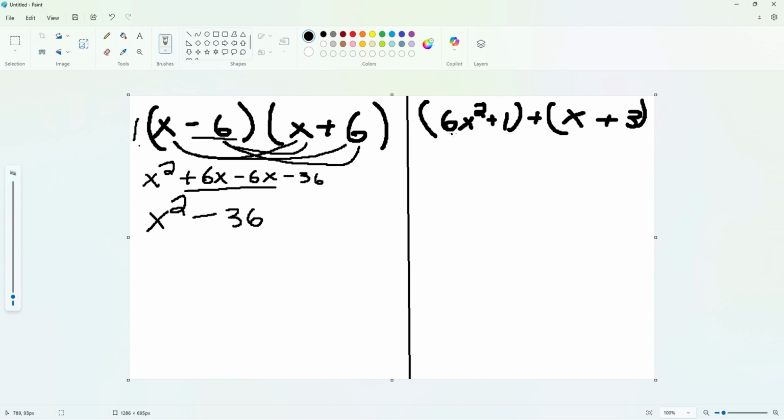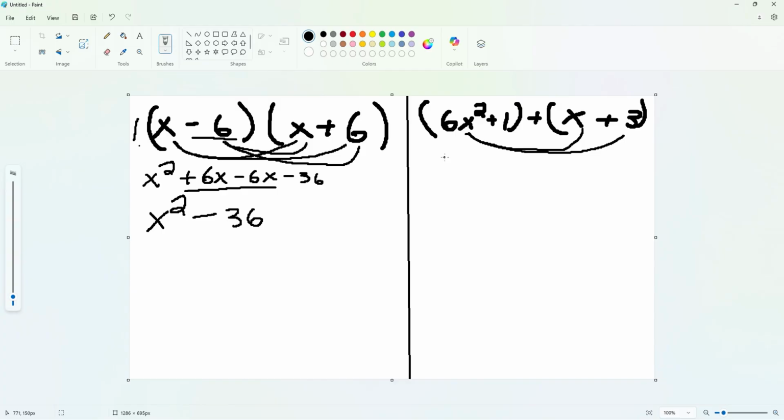Now let's use 6x squared and distribute it. So what we learned earlier is that when we multiply two exponents together, we are more so adding them.